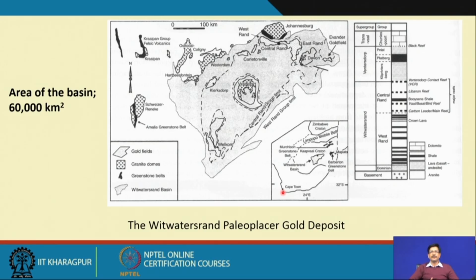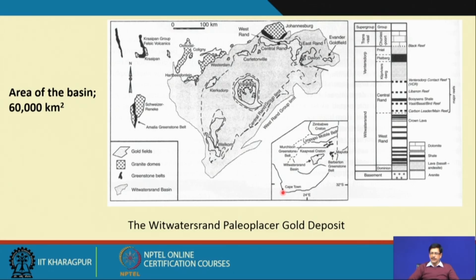And what we have in front of us here is the famous Witwatersrand Basin paleoplacer gold deposit in South Africa. It is one of the major paleo deposits. It's an old deposit, in the Archean, and it has given a good amount of gold production over time.